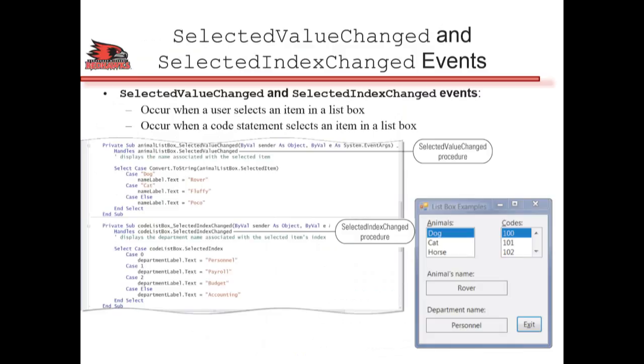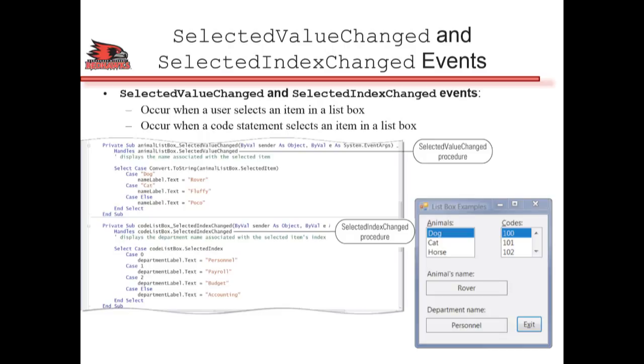We have gone through several events like the click event and the load event. These are events which we have used to set up event procedures. Now we'll encounter 2 more such events: the SelectedValueChanged and the SelectedIndexChanged events. The lines of code within this event procedure run when the list box item is changed.